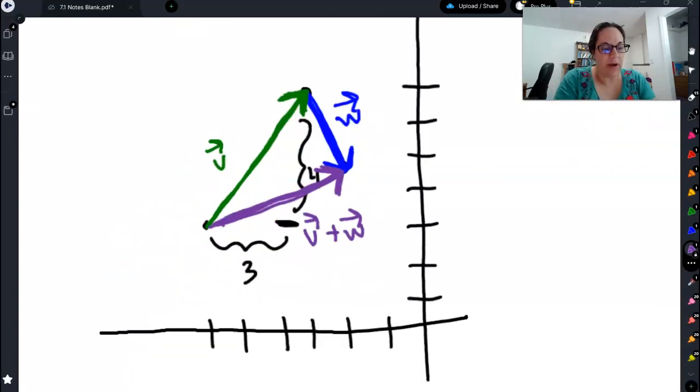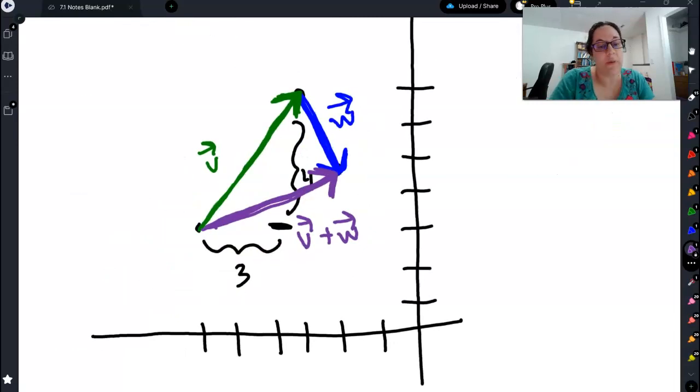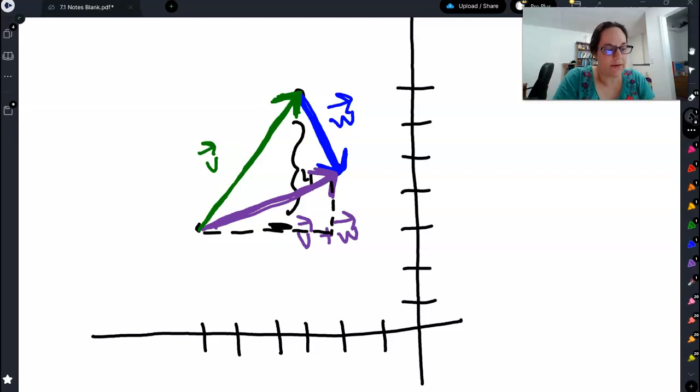So let's zoom in here and look at what the component form of V plus W is. So make my right triangle. Here, let's get some of this out of the way so we can see this easier. Oops, too much.